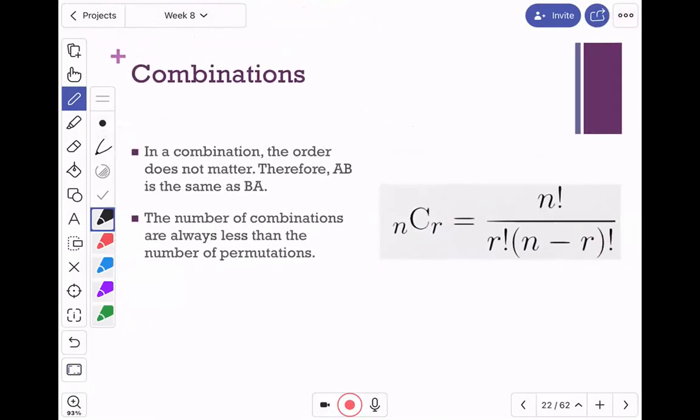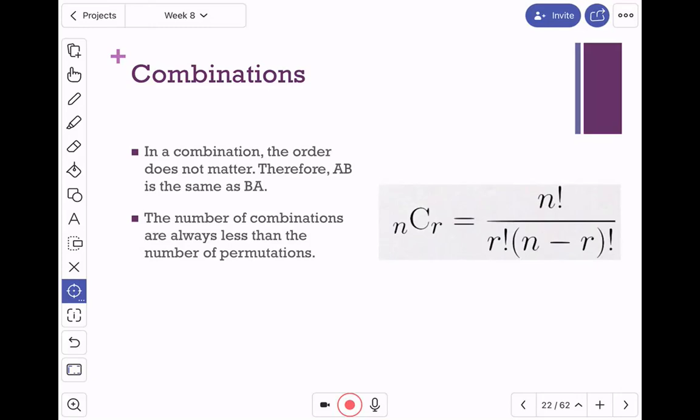Here's how the formula works out, by the way. Really what you're saying here is there are n factorial ways to do everything. For instance, with running a race, there are 8 different ways that people can finish, right? But then when you do the n minus r part, you're eliminating the 5 spots that you're not interested in. 8 minus 3 was our 5.